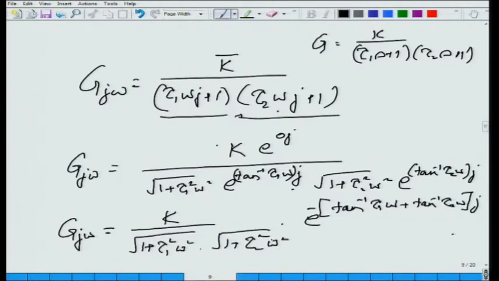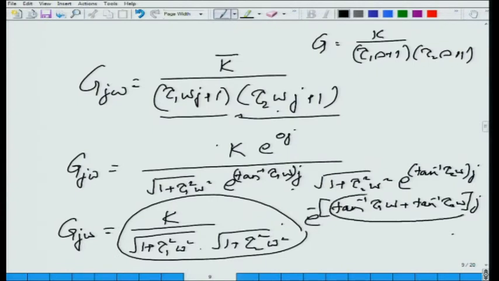So, you can see you easily get the magnitude and you easily get the angle.